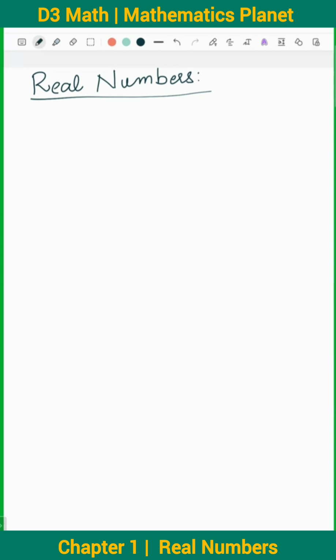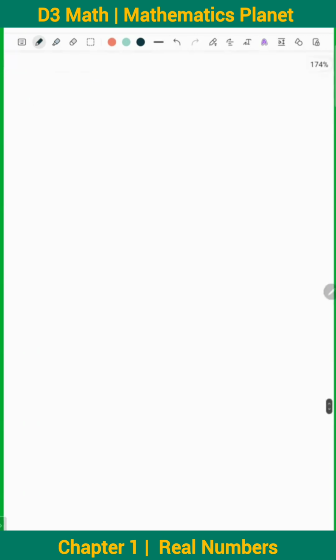So students, सबसे पहले we have natural numbers. What are natural numbers? Natural numbers, we also say natural numbers as n.